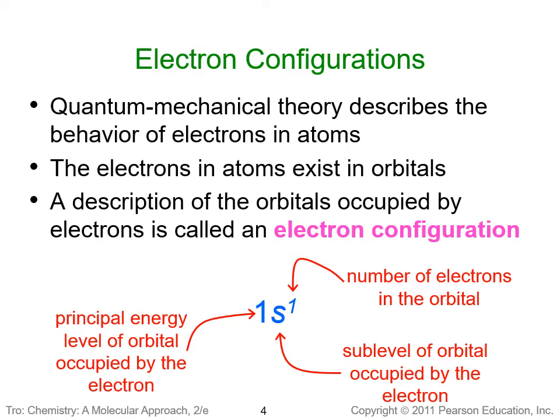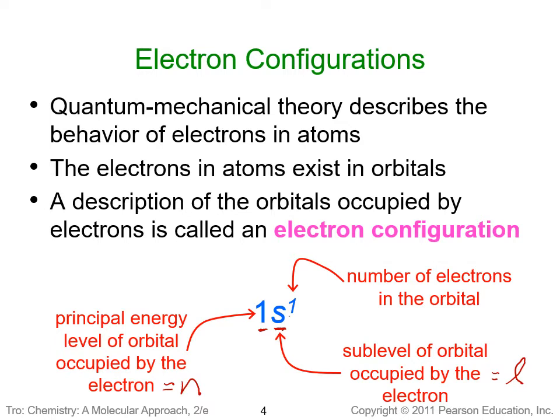When we're writing our description, we include the principal energy level. That is the n value that we talked about in our solution to the Schrödinger equation, and it is represented by the first number in our electron configuration. The sublevel is our angular momentum quantum number, the lowercase l, and that is represented by the letter of the orbital in which the electron is found.